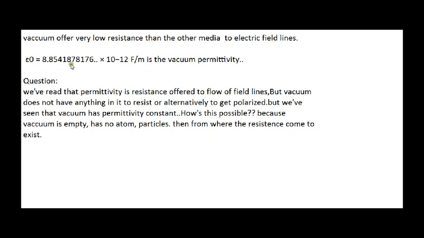The vacuum also offers resistance to the electric field. We know that vacuum is empty space. There are no atoms, no particles. From where does this resistance come to exist?